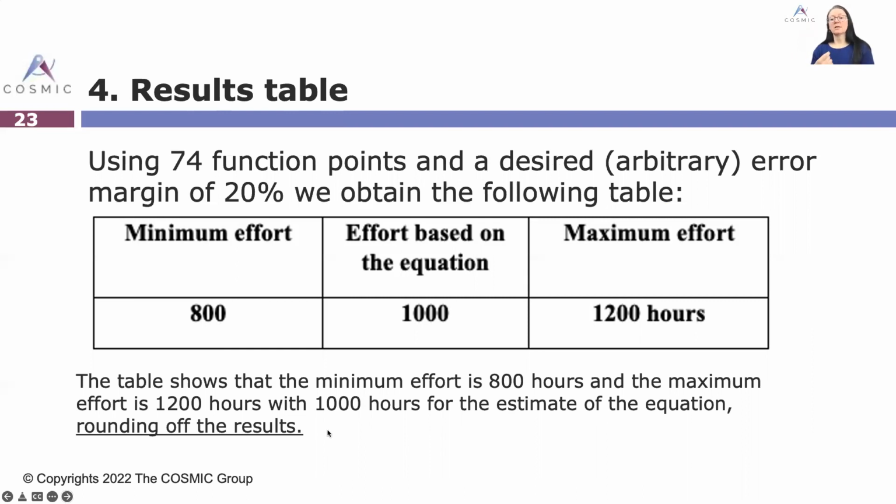Of course, that estimate is only effort, it is not cost. To estimate the cost, you'll have to derive the cost based on how much a person hour costs in your organization.